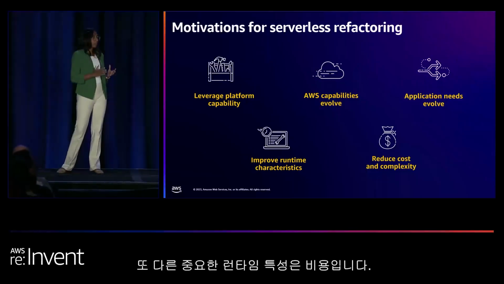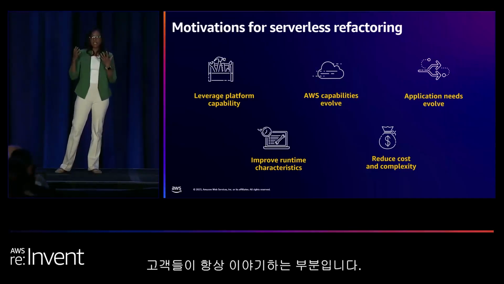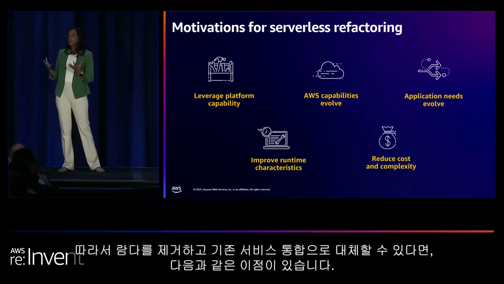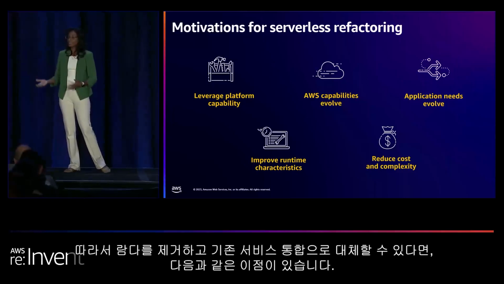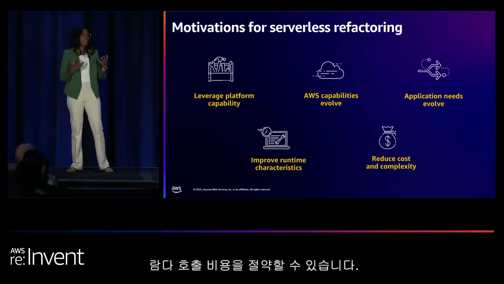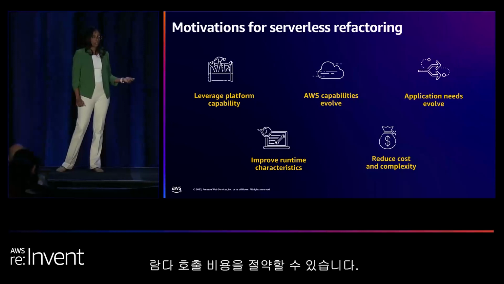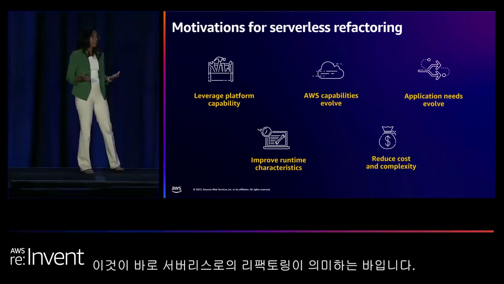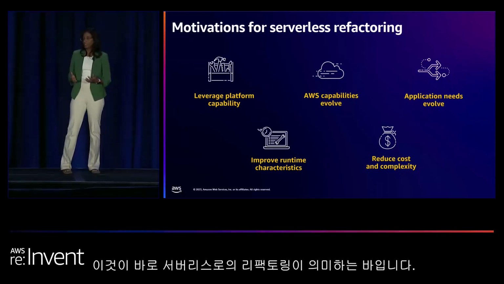Another important runtime characteristic is cost, something that we see our customers talk about all the time. So if you can remove a Lambda and replace it with an existing service integration, you can save the cost of that Lambda invocation.